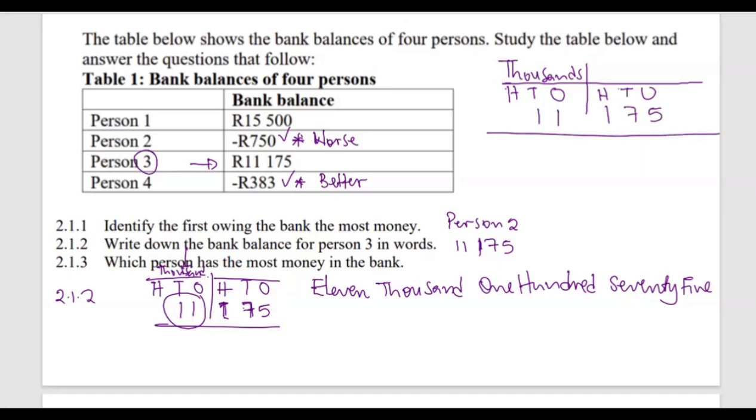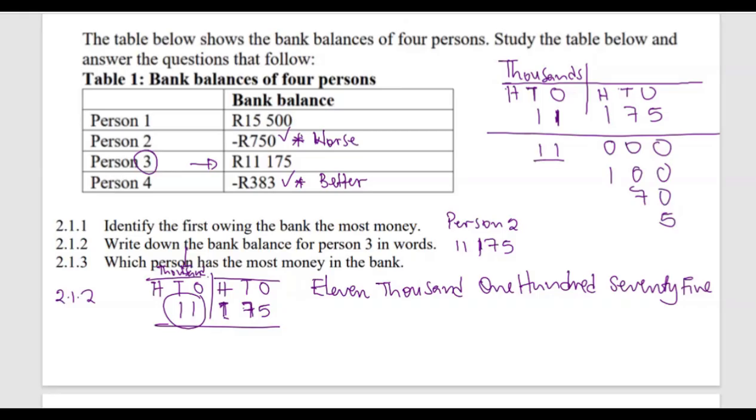You can write their values. This 11 will go hand in hand because it's already in thousands. So this is 11. This one becomes 0, 0. This one becomes 01. This one becomes 7. This one becomes what? 5.